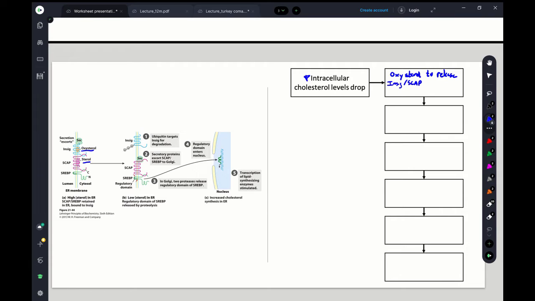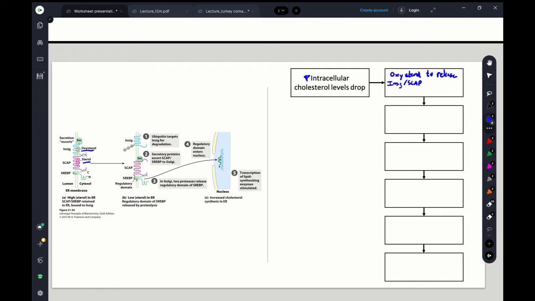I prefer SCAP and SREBP, but those are what they stand for. But that's the very first thing that's going to happen. Now, what's that going to do in terms of affecting cholesterol synthesis pathways and cholesterol intake into the cell is what we need to talk about next. So that's step 1, though: oxysterol release, NSIG and SCAP.